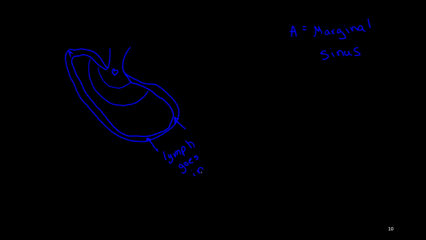They go from the marginal sinus, which I labeled as A, to C. So this is the pathway of lymph through the lymph node.